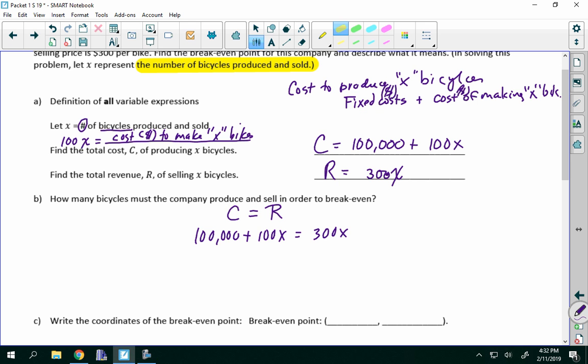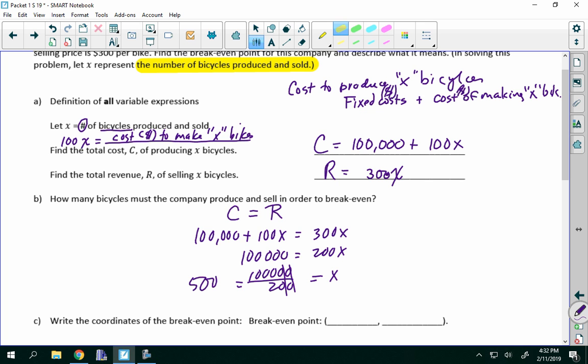I subtract 100X from both sides, so I get 100,000 on my left side equals 200X. And X equals 100,000 divided by 200. Two zeros get canceled immediately. In other words, I've divided the top and bottom by 100, which is reducing that. And now I have 1,000 divided by 2 is 500.